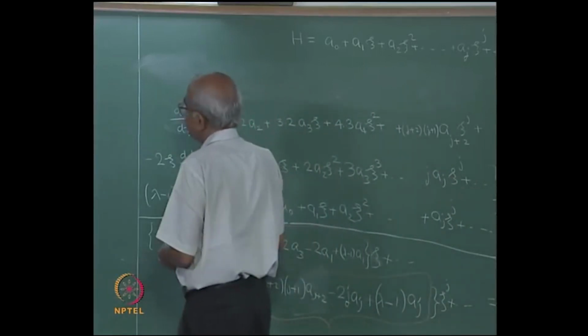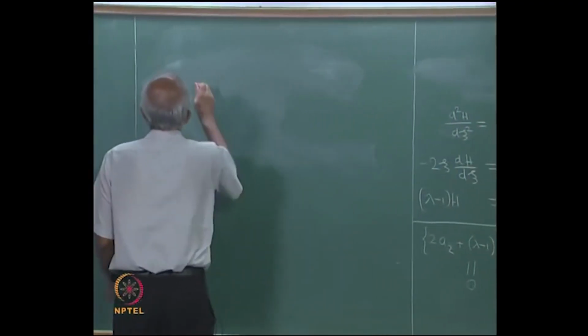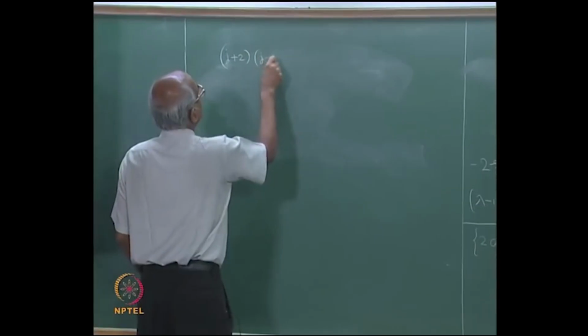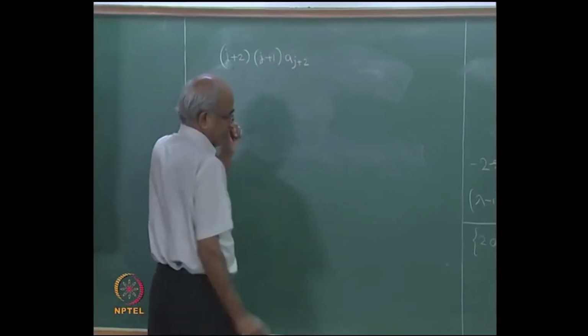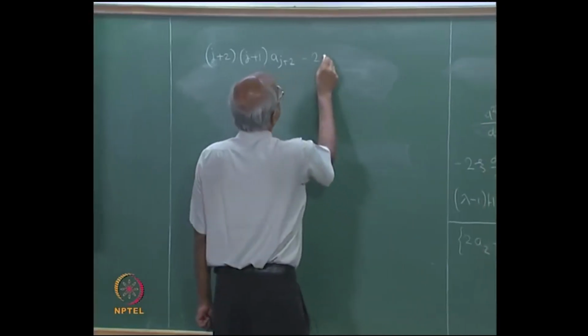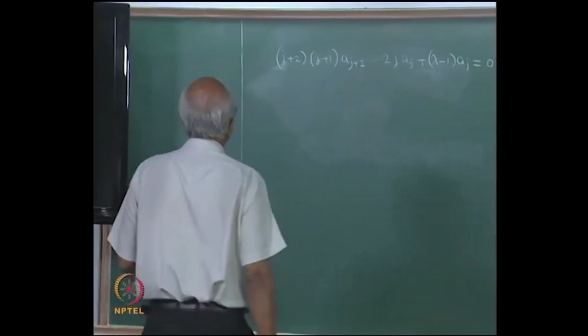Let me write that condition. It says that, and this has to be valid for all values of j equal to 0, 1, 2, 3, etc. Now, we can rearrange this.